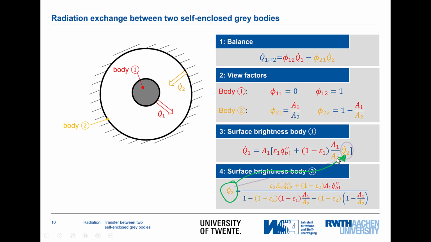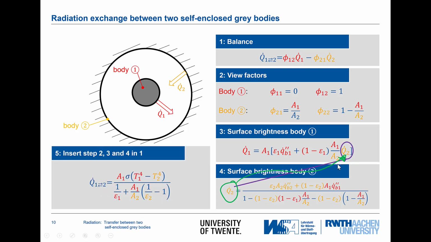This is a lengthy calculation, and if we put that together we get this equation which shows up very similar to what we had for the parallel plates. However, now we have this area ratio in front here of this second expression. Let's analyze what this means.